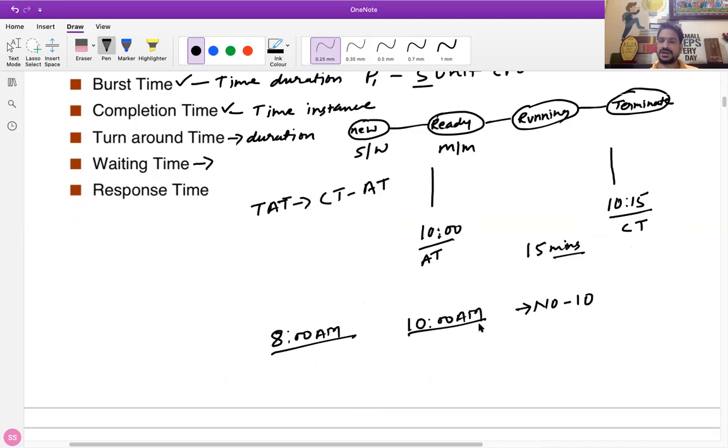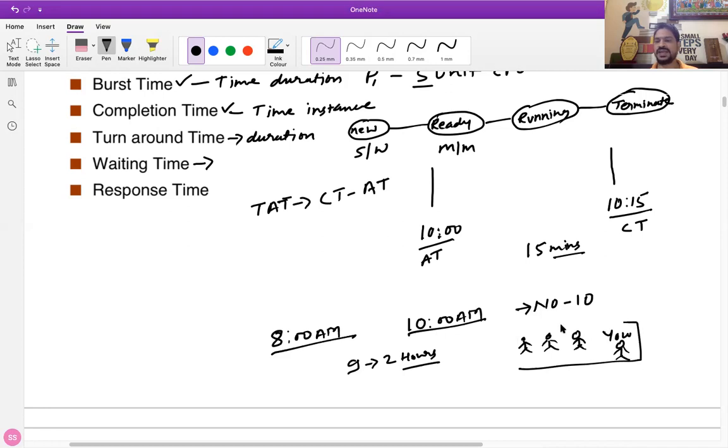The receptionist assumes that 9 people will be served in 2 hours, right? So you came at 10 a.m. and you see that there are some people who are still waiting there. So what do you do? You are also going to wait here.